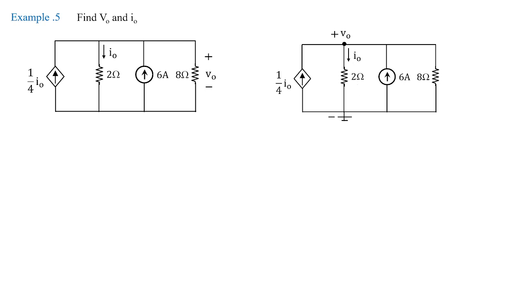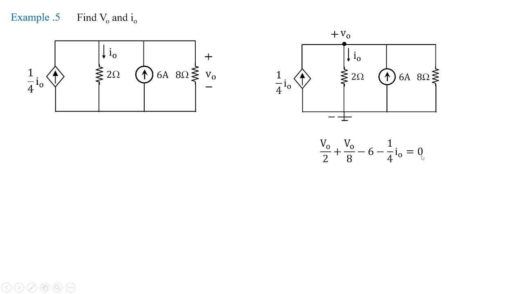Now frame the KCL equation, that is the sum of the currents at a particular node is equal to 0. Now assuming V0 to be at higher potential, first I'll take V0 by 2 and V0 by 8 as two branch currents, and incoming current here it is minus 6 amperes. Similarly, another incoming current, that is current dependent current source, you can see here I0 by 4.